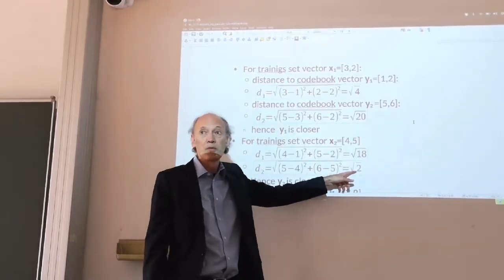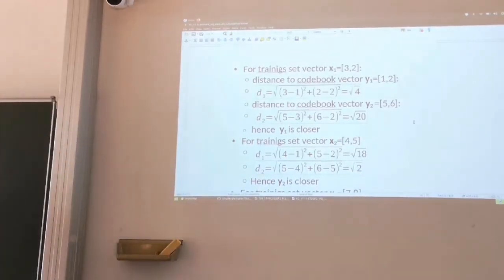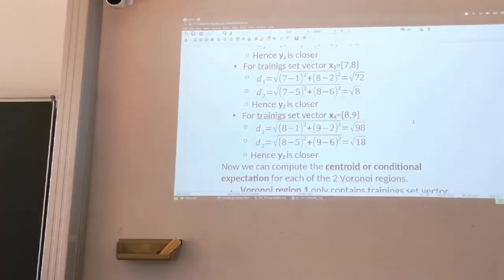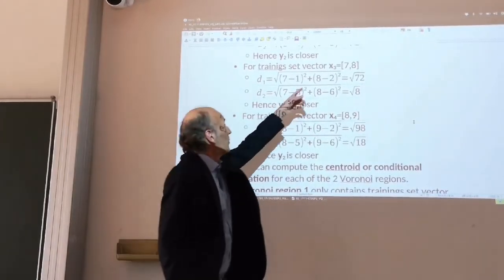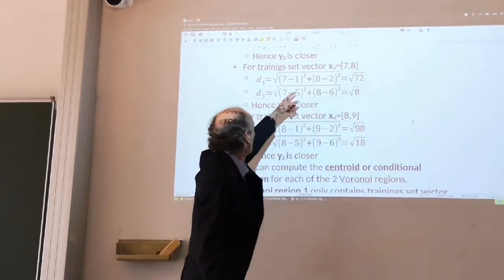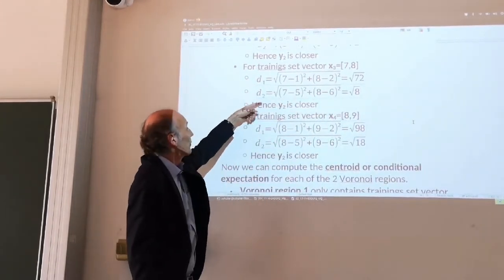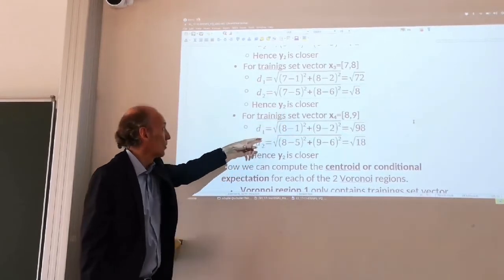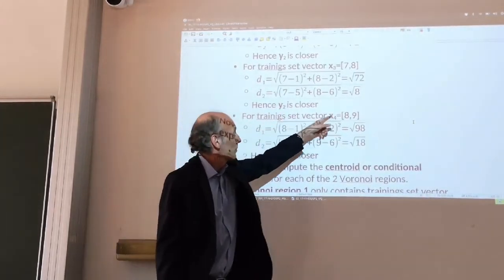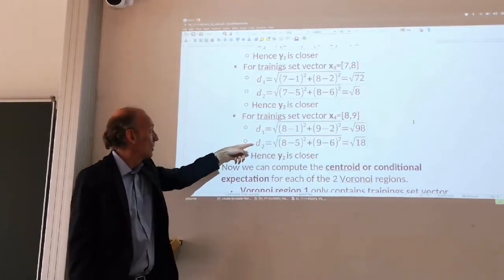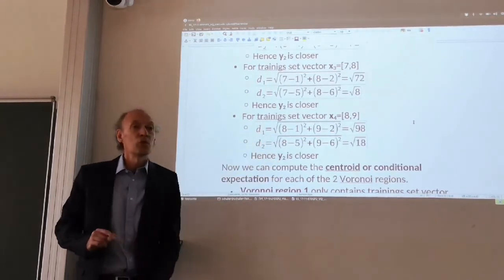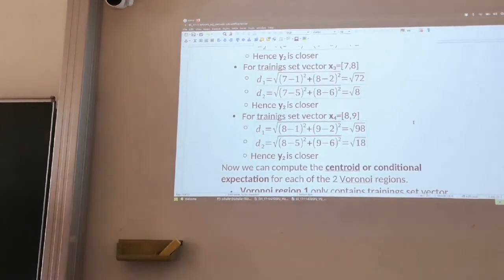So in this case, 2 is the closest. Then you continue with the next two. For signal vector 3, you can see D2 is closest, so Y2 is closest. So code word 2 is the closest. For the last one, you see here D2 is smaller, so Y2 is closer. Make sense? So in this way we know in which Voronoi region each signal vector is.